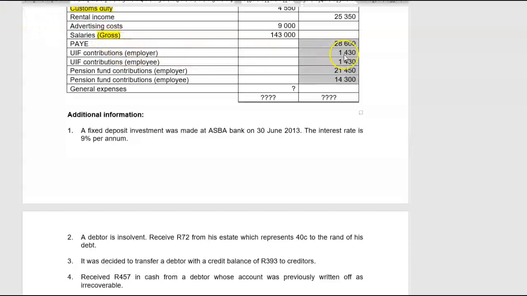So that means these must be the creditors accounts, the deduction accounts that should be paid over to the third parties. Pay as you earn. UIF contributions by the employer and the employee. Pension fund contributions by the employer and employee. And then we have general expenses, and we have a lot of question marks.